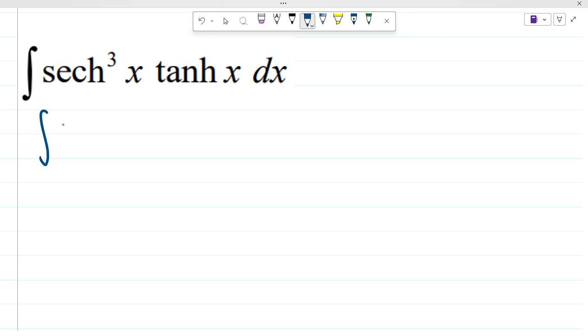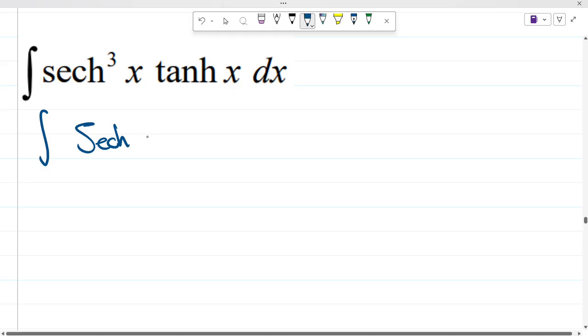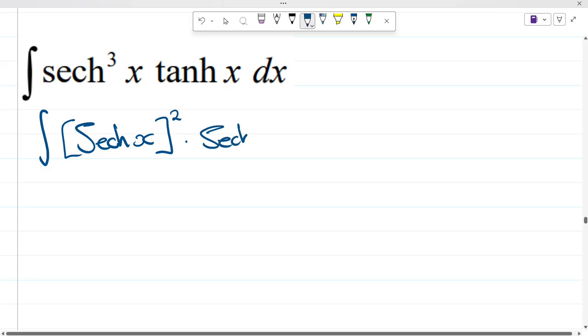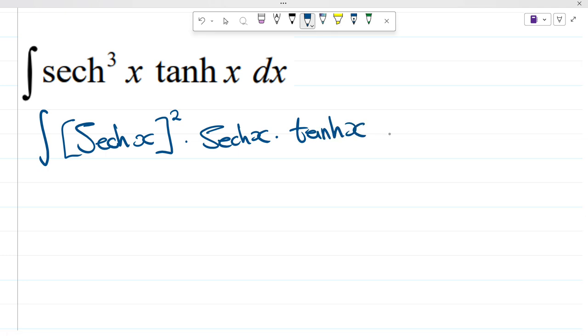if we take one of the hyperbolic sec out here, then we're going to have something like this. So if we take it out, hyperbolic sec squared, or hyperbolic sec of x squared, multiplied by hyperbolic sec, of course, multiplied by hyperbolic tan of x dx, like this.